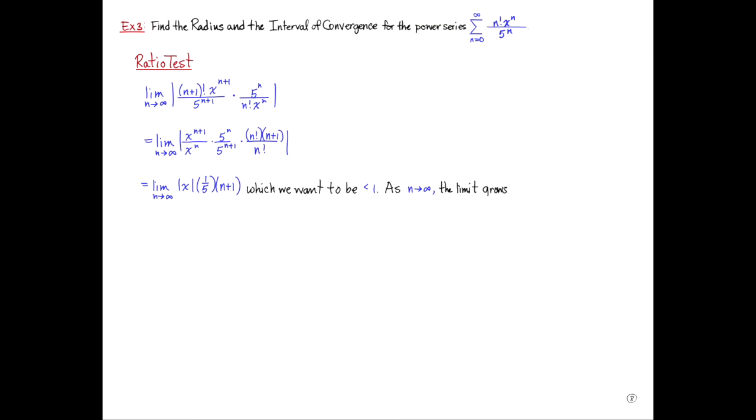And so this entire limit is diverging to positive infinity, except when x is equal to 0, we have the limit as n approaches infinity of 0 times (n+1) over 5 by our order of operations. And this is equal to the limit as n approaches infinity of 0, which is equal to 0. And 0 is definitely less than 1.